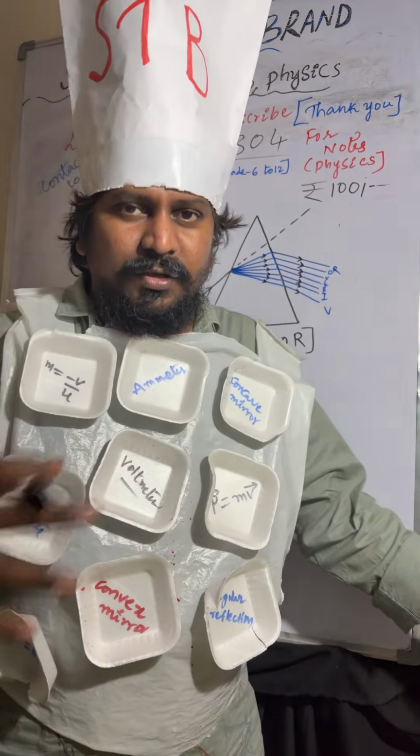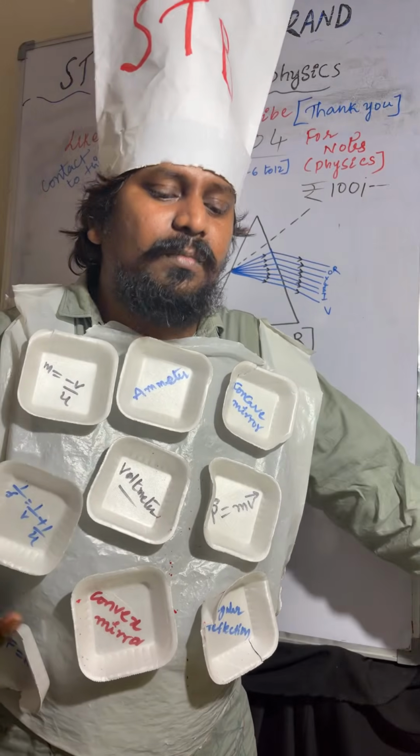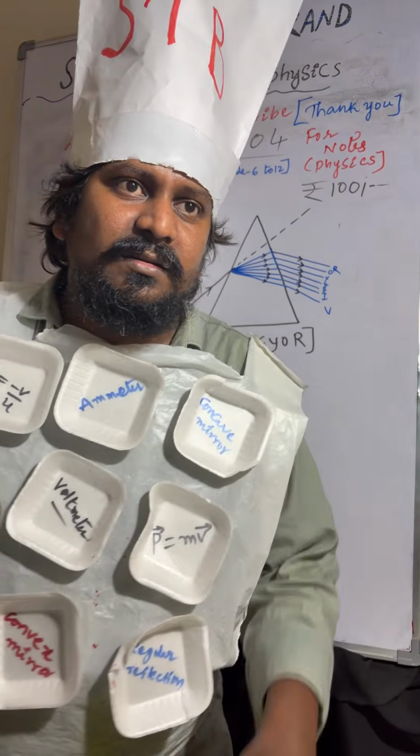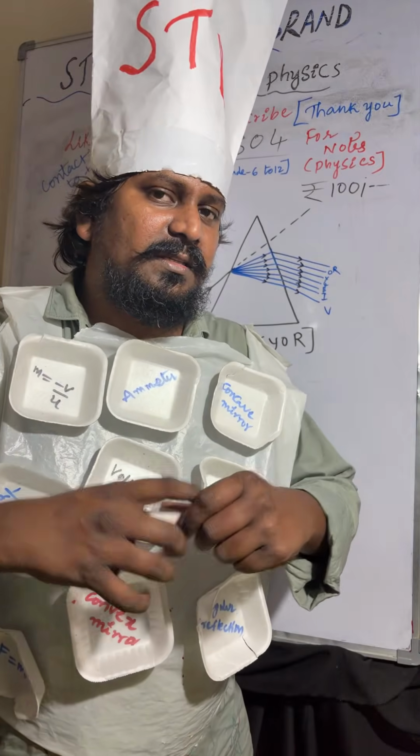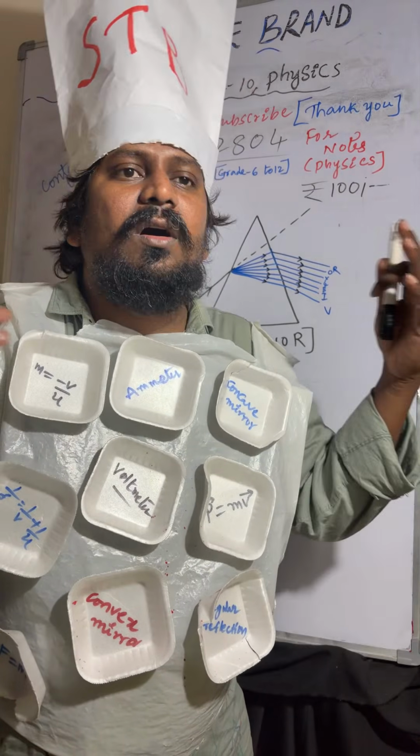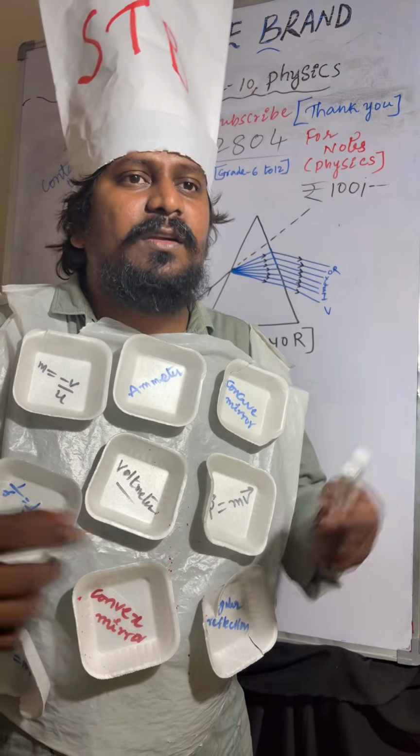In the sky, you can observe the rainbow. 7 colors, right? So 7 colors form in the sky. How does it form? Now we'll draw the diagram.